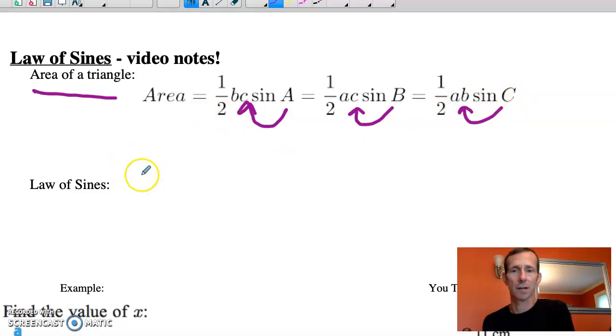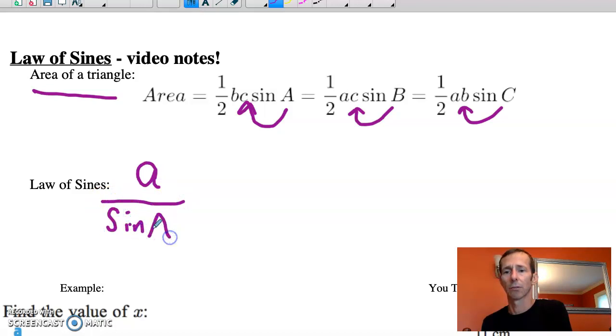So for law of sines, again, I'm going to write several different equations because it doesn't matter which ones you use. You just have to have a pair of them to write a proportion. So you could know side A, and then we would be using the sine of angle A, the one across from it.